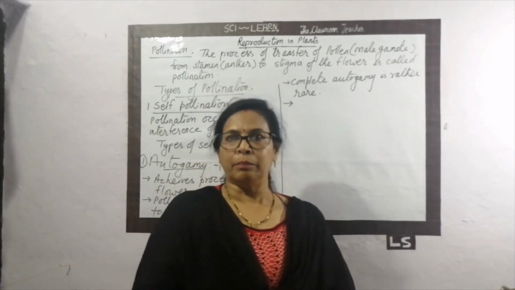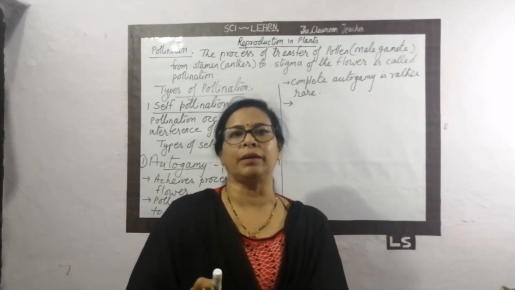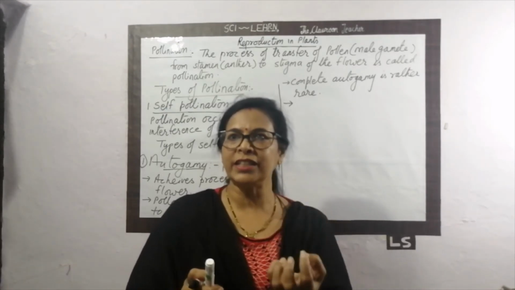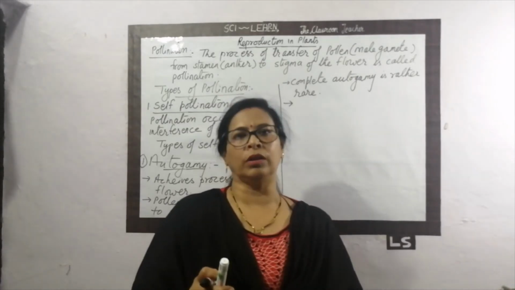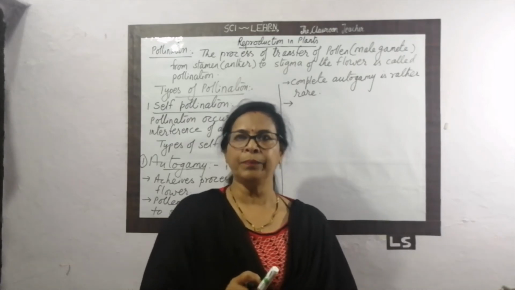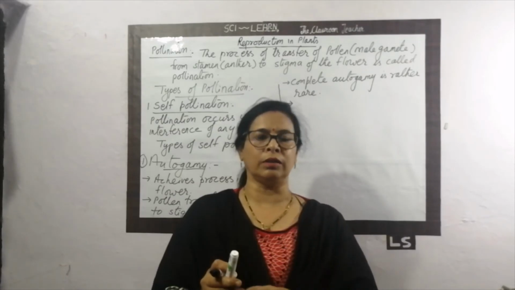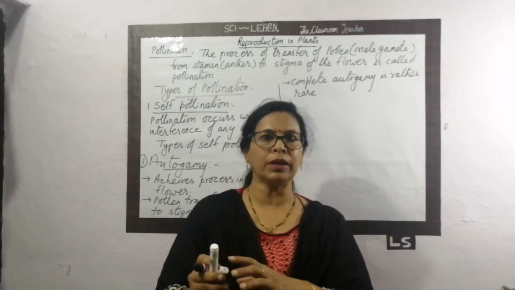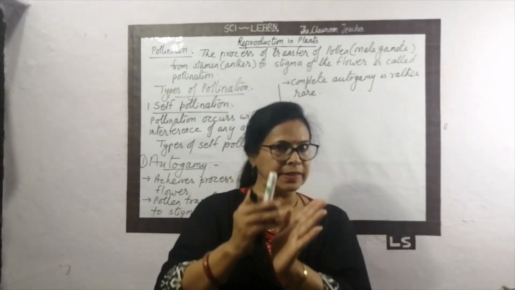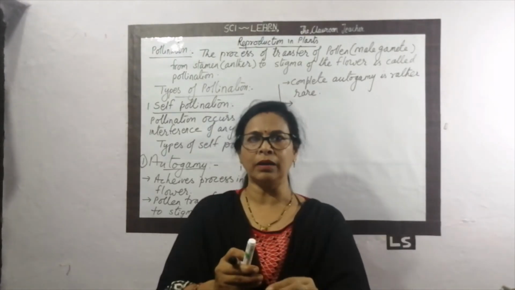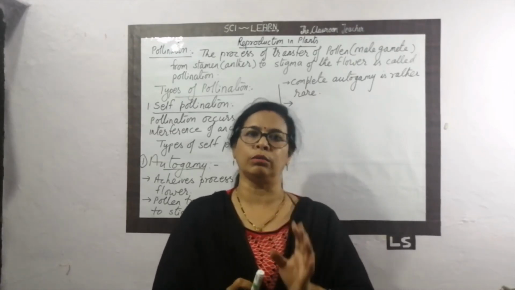When the anther dehiscence is going on, at the same time the stigma must be ready to receive that pollen. If that is possible, then only autogamy occurs. Autogamy occurs only in synchronous conditions. What is synchrony? It means at the time when the anther is dehiscent, at the same time the stigma is ready to collect that pollen. If it is possible, then autogamy is there.